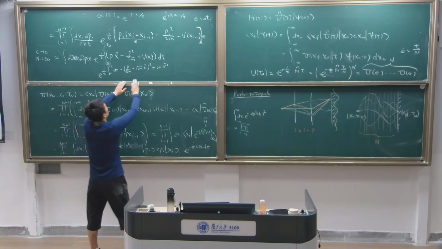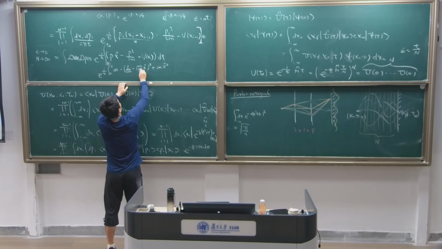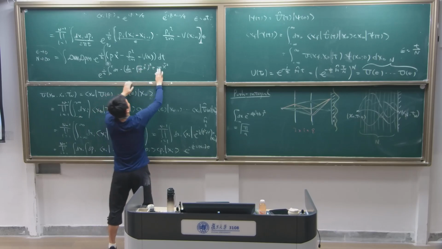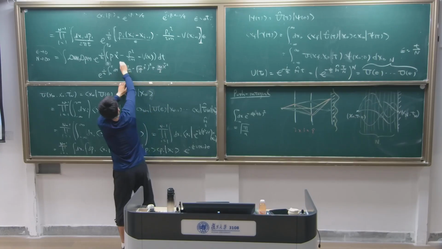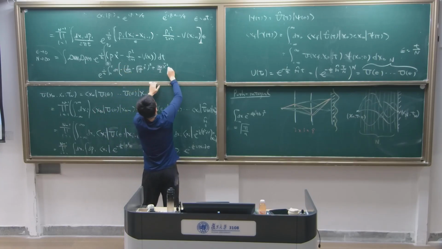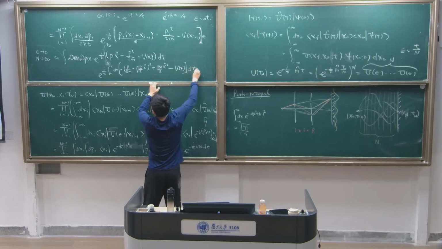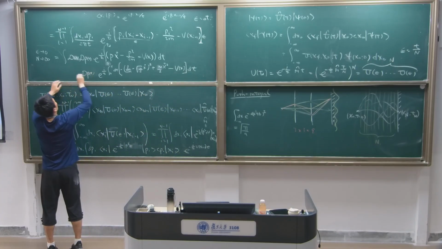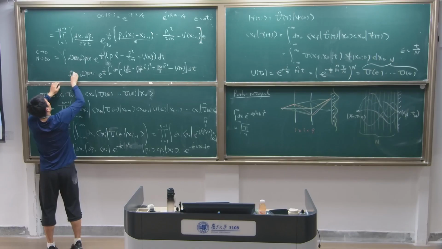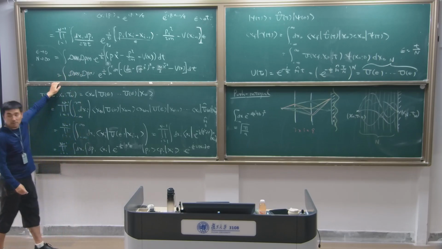Keep another mistake. So this is divided by 2, and this is m over 2. Minus p of x. Do you agree? Okay. Do you agree with me?